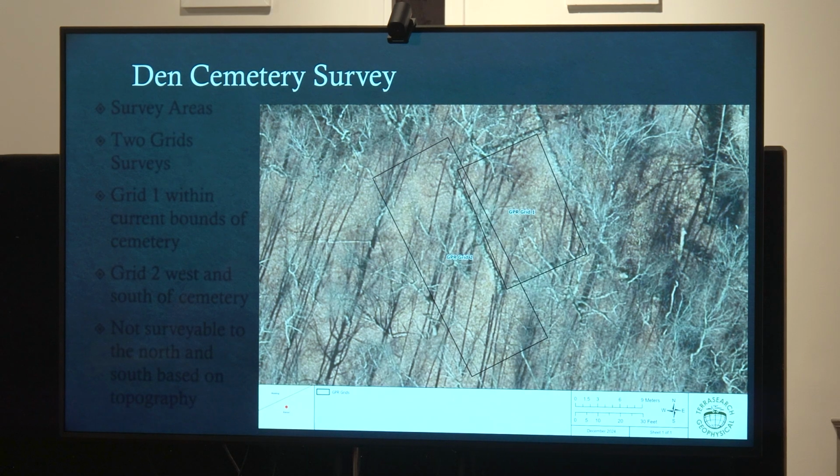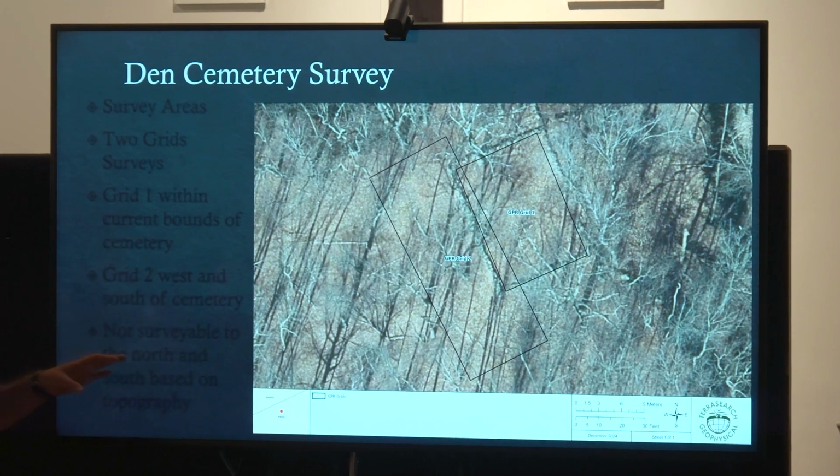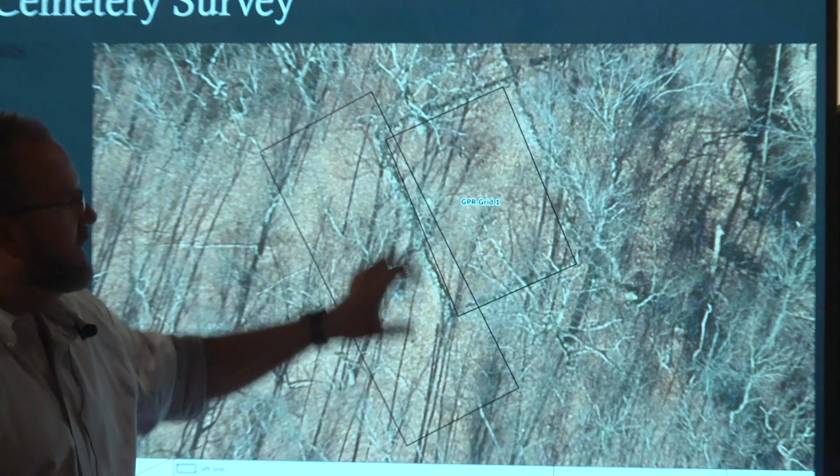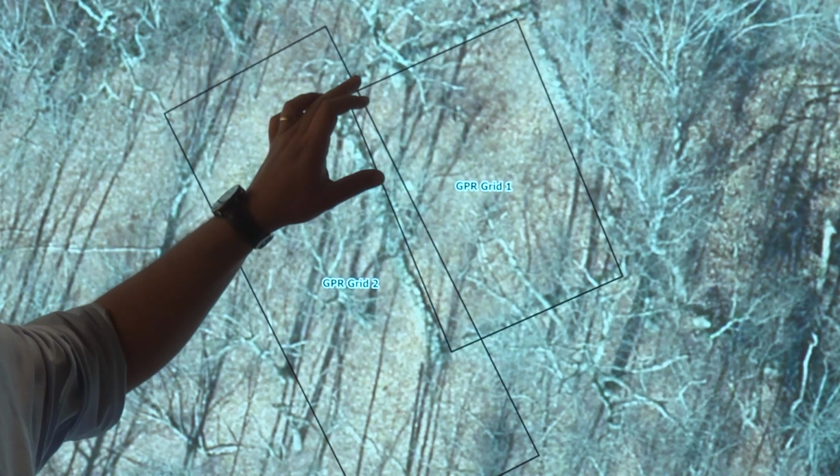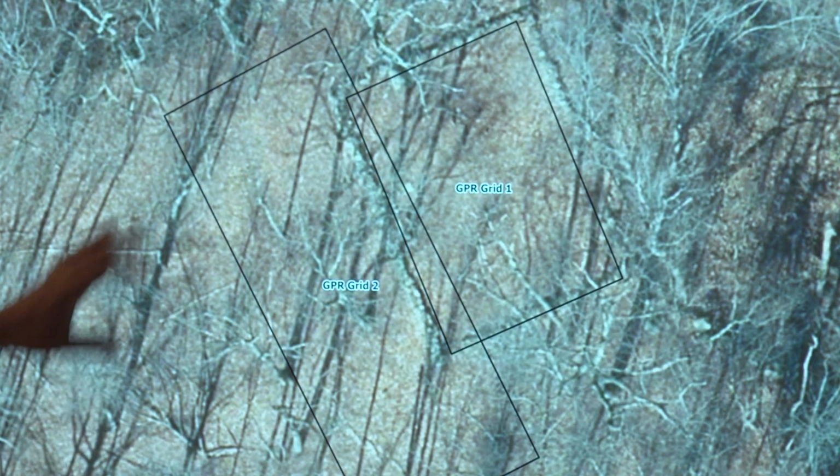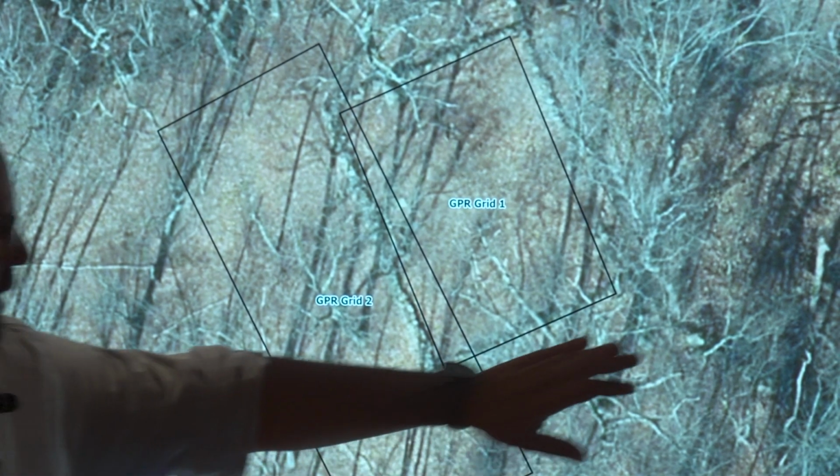Let's look now at the Den Cemetery. We conducted 2 surveys, one completely within the bounded walls of the cemetery, and one outside of it immediately to the west, a little bit to the north, a little bit to the south. We were not able to survey here.